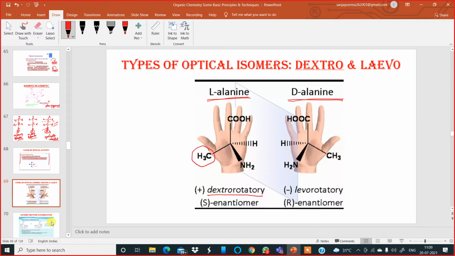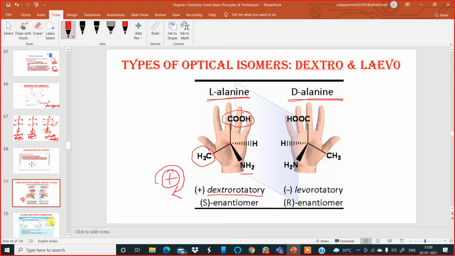This CH3 and this COOH are in the plane of the paper, and in the dotted line you can see hydrogen, going away from you. This NH2 is facing you. This is the dextro isomer of L-alanine. It is an S enantiomer. It will rotate the plane of polarized light in the clockwise direction. That's why it is plus.